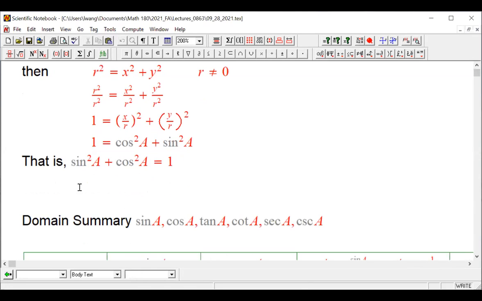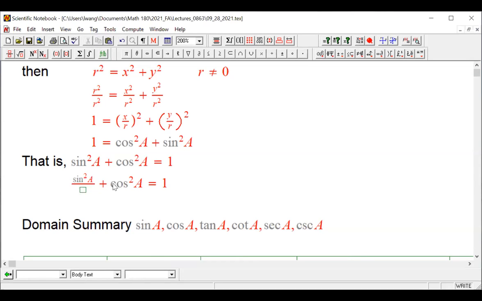Let me show you another one. If you continue from here, you can get the following. You take this, and I think you need to commit yourselves to learning how to derive.